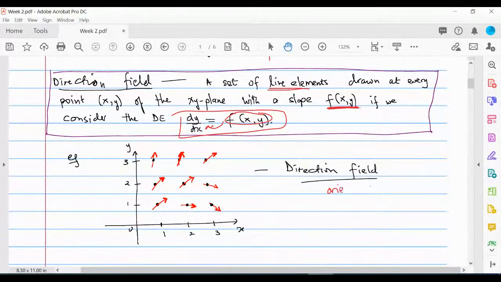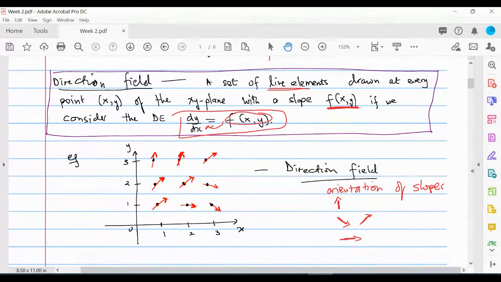So the orientation of the slopes: you can have a vertical orientation, you can have a slanting orientation. It could be slanting this way or that way. We just put arrows here, or we can have a horizontal orientation.